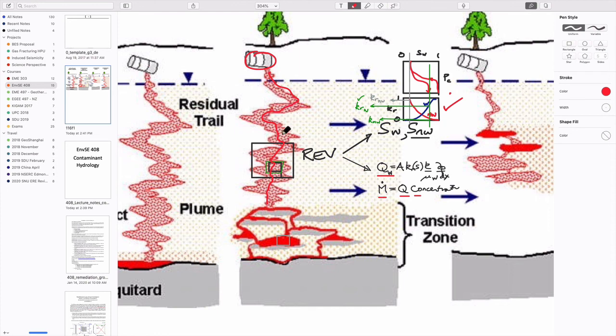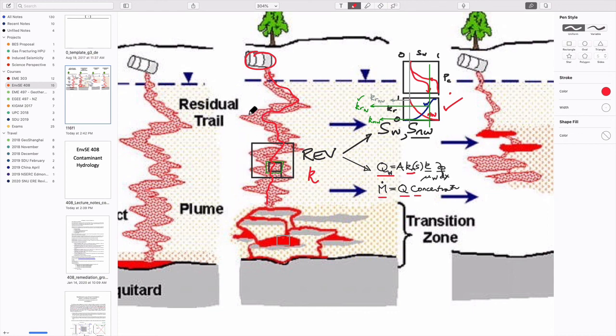And that the distribution and architecture of it is controlled by these pressure versus saturation curves that we've talked at length about. Fluid transmission through there is controlled by these relative permeability curves, and if we know what those look like, and we know what the actual permeabilities are for these materials, so in other words, the permeability of this sand or aquifer that we have here, then we can use relative permeability to calculate this flow rate.